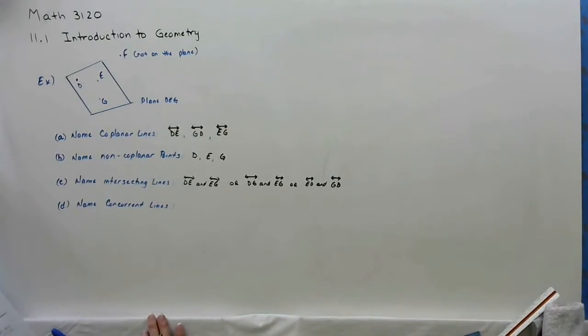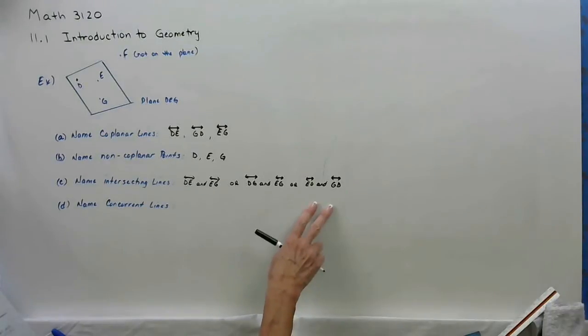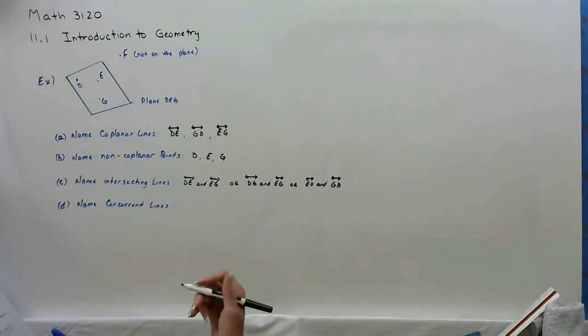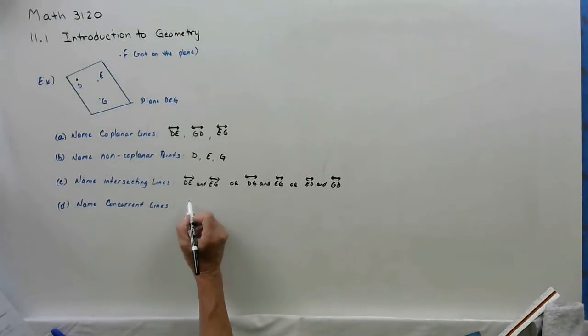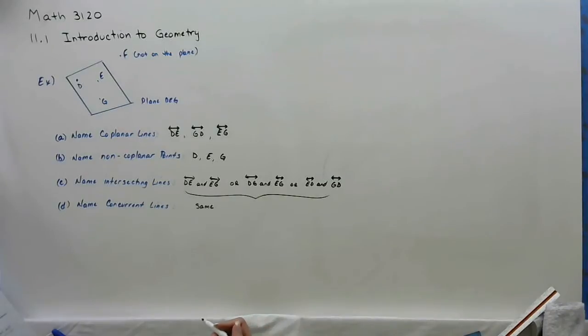And again, same type of idea. Concurrent lines, remember, intersect at a single point. So concurrent lines, we actually have the exact same thing because they're going to intersect. Or I could call them line segments. But I'm going to do the exact same, since each one would intersect at one point.